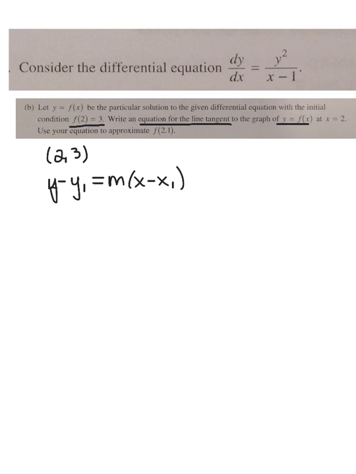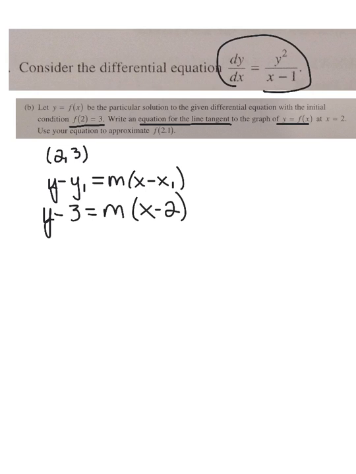All right, well, we already have our x1 and y1, so I'm going to do y minus 3 equals m times x minus 2. So the only thing I'm missing is the slope, but aren't I lucky? I have the slope up here. So I'm just going to take that slope, dy dx, and evaluate that at the point 2, 3.